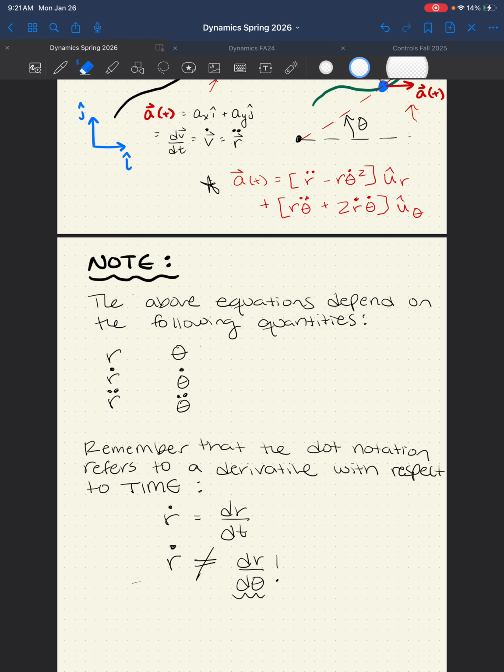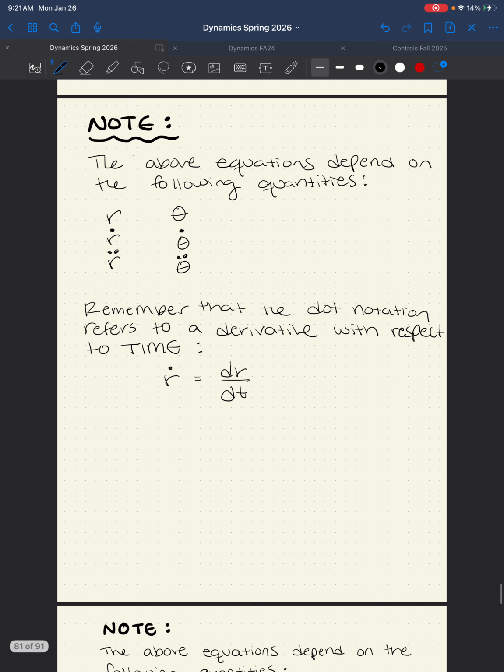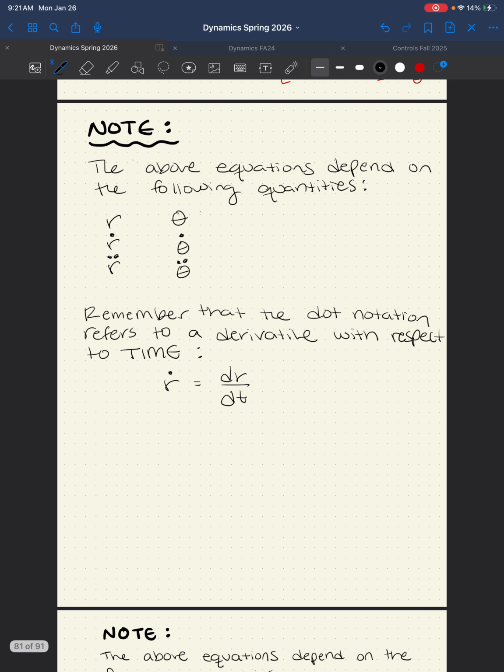And let me maybe give you a solidifying example of what I mean here. So in a lot of the problems that we'll do for r theta coordinates, we might be given r equal to a function of theta.